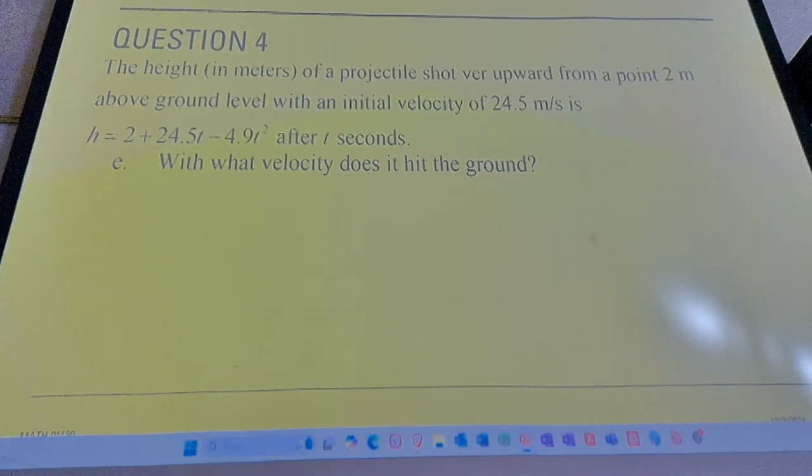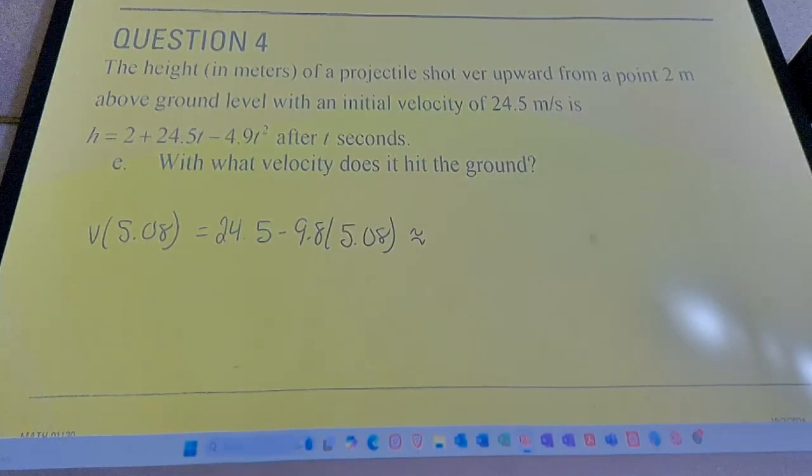What is that? About negative 25.28 meters per second.